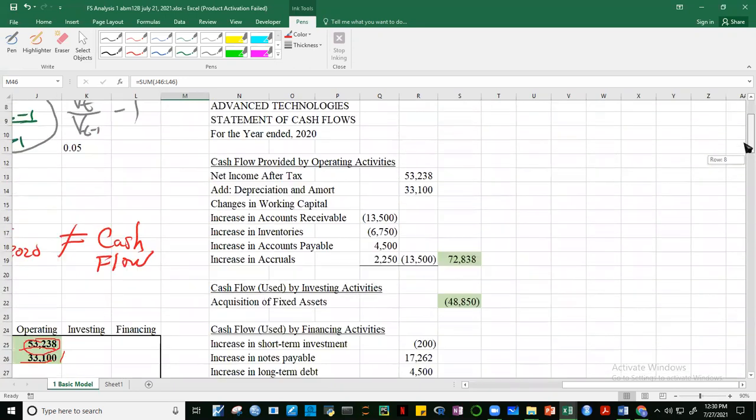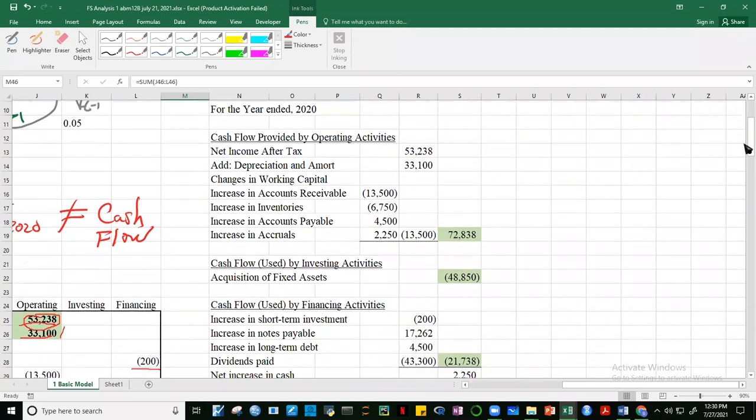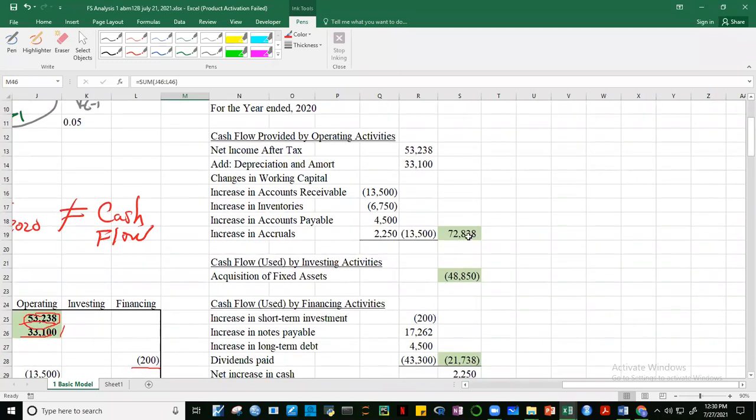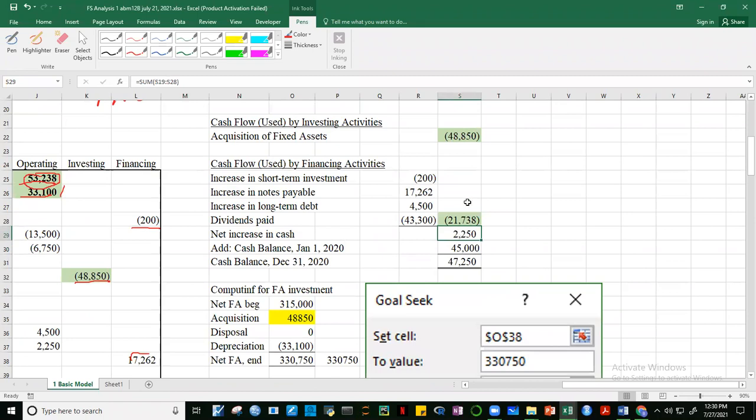So just identify kung net income after tax, then add back depreciation, and then changes in working capital, yung mga increases in AR, inventories, then kung may prepayments, accounts payable, accruals, etc. So be sure to have one line for your total operating, total investing, total financing. Right? Then in net yan, you'll have this 2250, yung net increase in cash. Add back nyo yung opening, and then you get the ending.